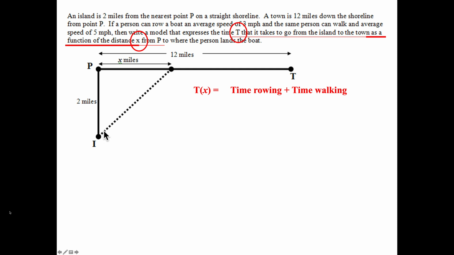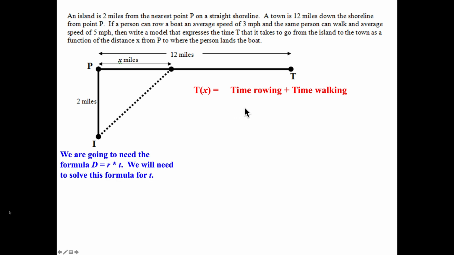That's a slow rate, and so that's probably going to be the longest thing to do. And then we want to find the time walking. So from this point somewhere in between P and T to here, that's when we want to walk into town at 5 miles per hour.